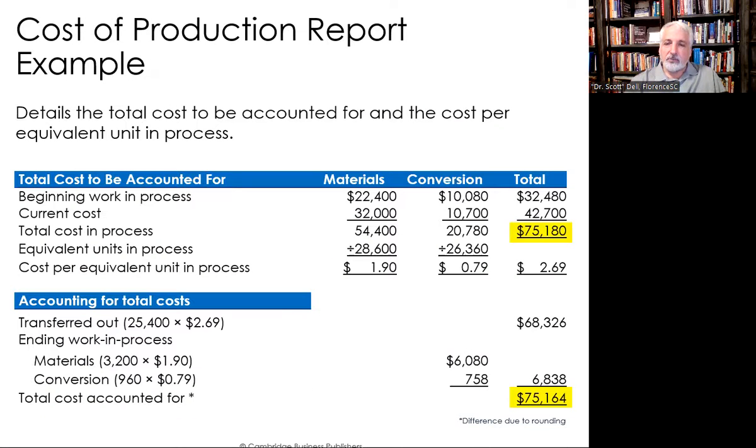So we look at the total cost to be accounted for: beginning, current cost, total cost, equivalent units. So we're dividing through, and we have a cost per equivalent unit in the process, cost for materials and conversion cost for a total. That total is a useful number to figure out what our costs are, because when we start figuring out a selling price, when we start analyzing profitability, we're going to have to look at what our costs are.